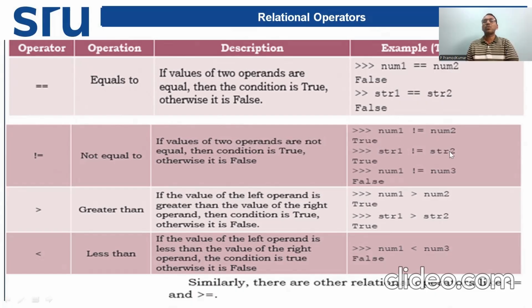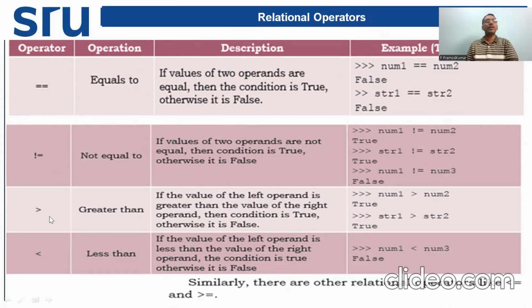This is also true because string 1 is good and string 2 is afternoon, so both strings are not the same. Then next one is number 1 is not equals to number 3. Here it is false because the content given to number 1 is 10 and the content given to number 3 is also 10. 10 is not equal to 10 is false. Hence the result becomes false.